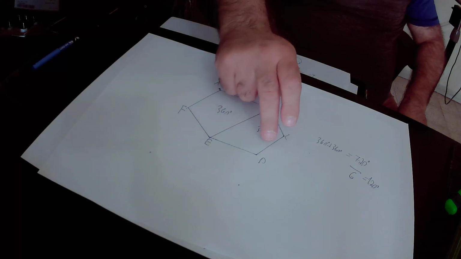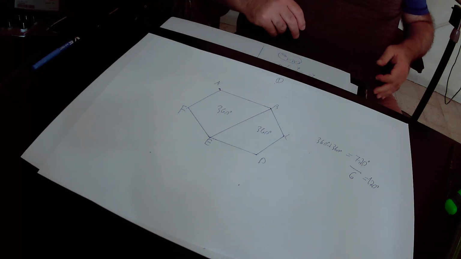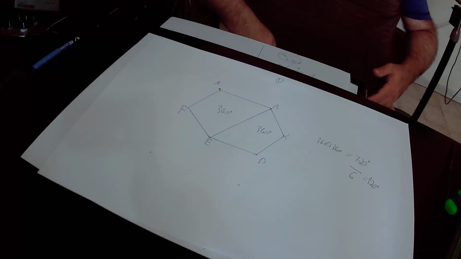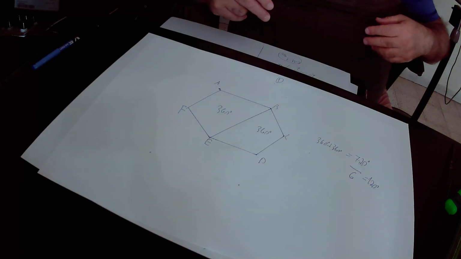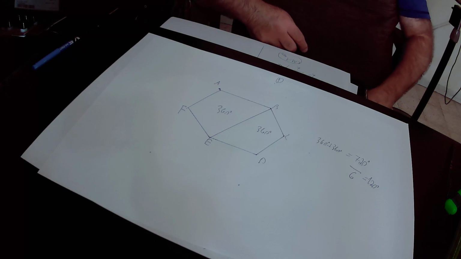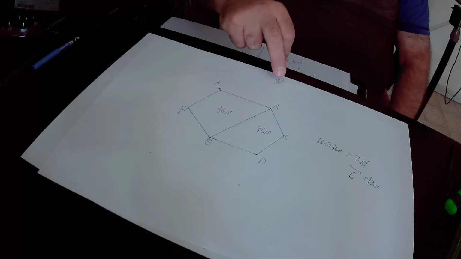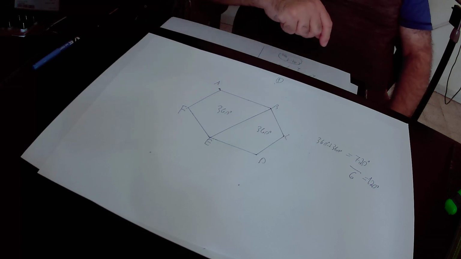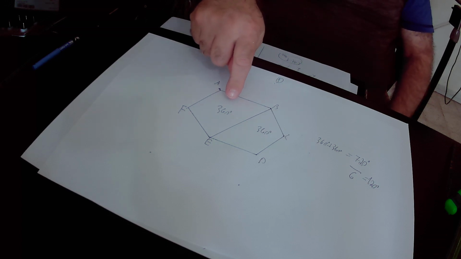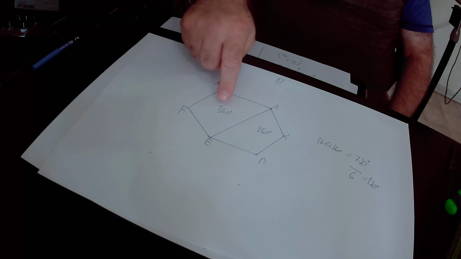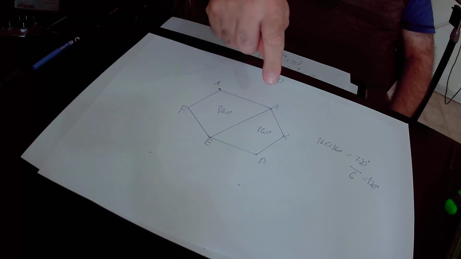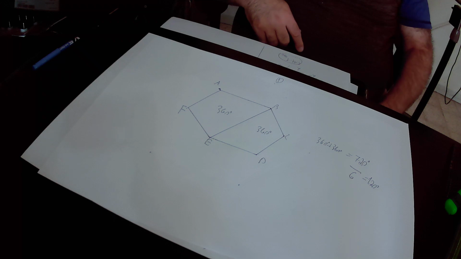Those 6 angles are equal to each other. So in order to find the sum of the angles in this hexagon, I joined points B and E together by a straight line. By joining points B and E, we created 2 quadrilaterals. This quadrilateral ABFE, and the second quadrilateral BCDE.